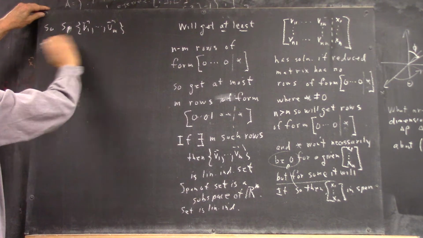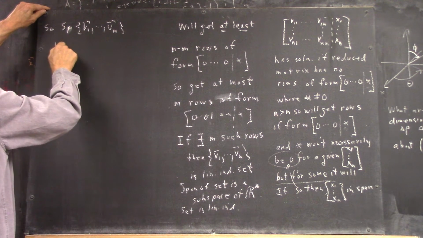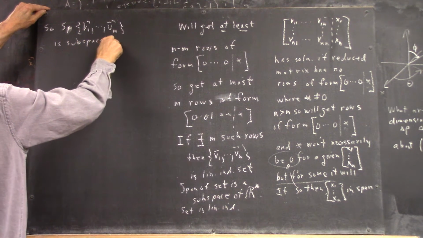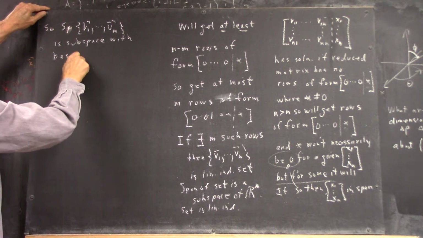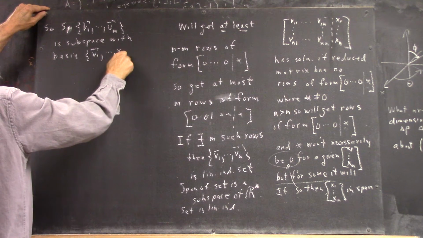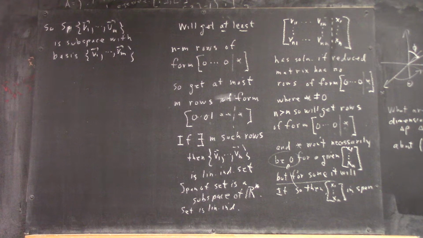So the span of V1 through Vm is a subspace with basis V1 through Vm. Why?